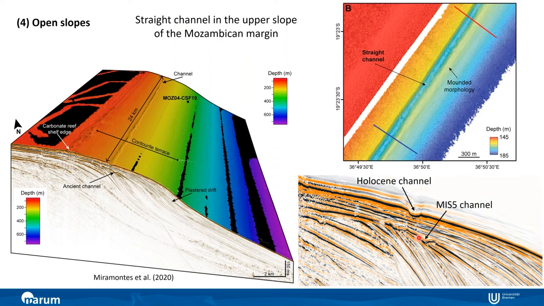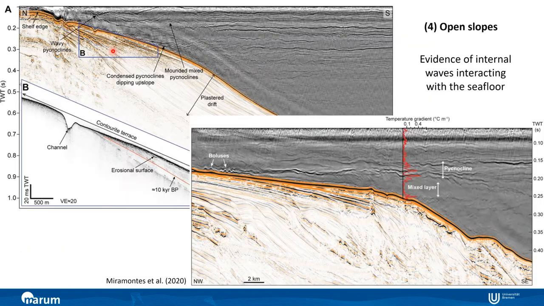So you see here a profile also showing the contourite terrace, the plastered drift, and this channel on the upper part. And here you see it in the chirp profile, how the channel completely truncates the reflections. And we also have an erosional surface on the seafloor composed mainly of sandy deposits.